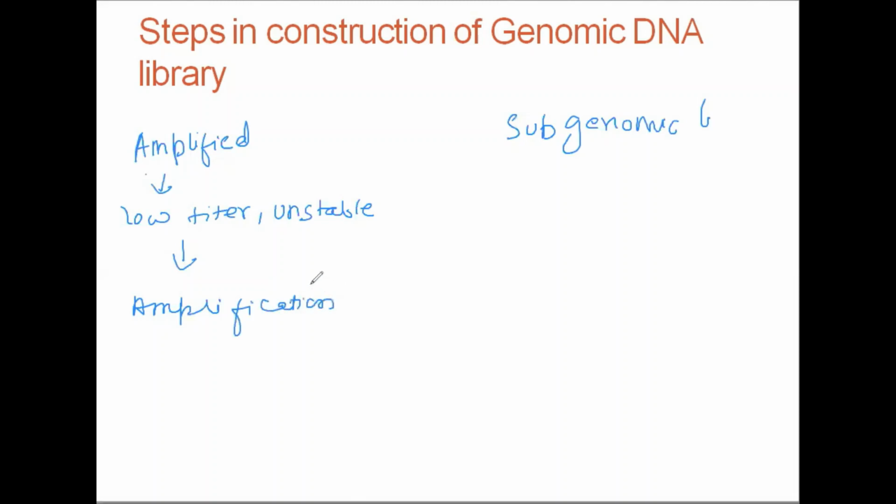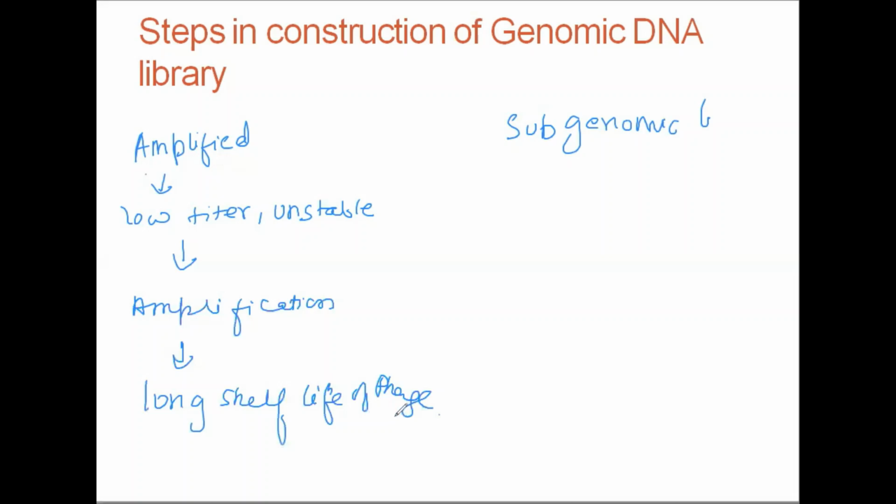For example, the phages or bacterial colonies are plated out several times, and the resulting progenies are collected to form an amplified library. So the amplified library can be stored for a long shelf life.